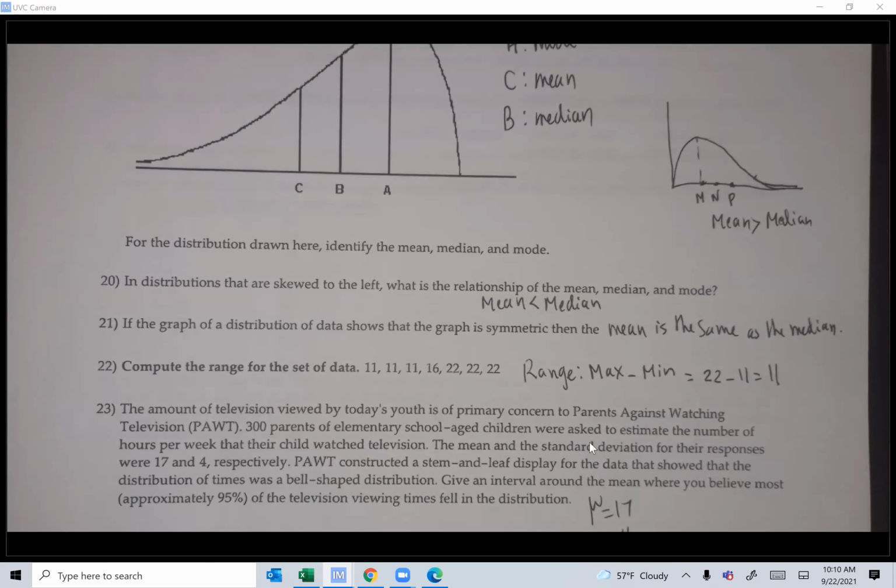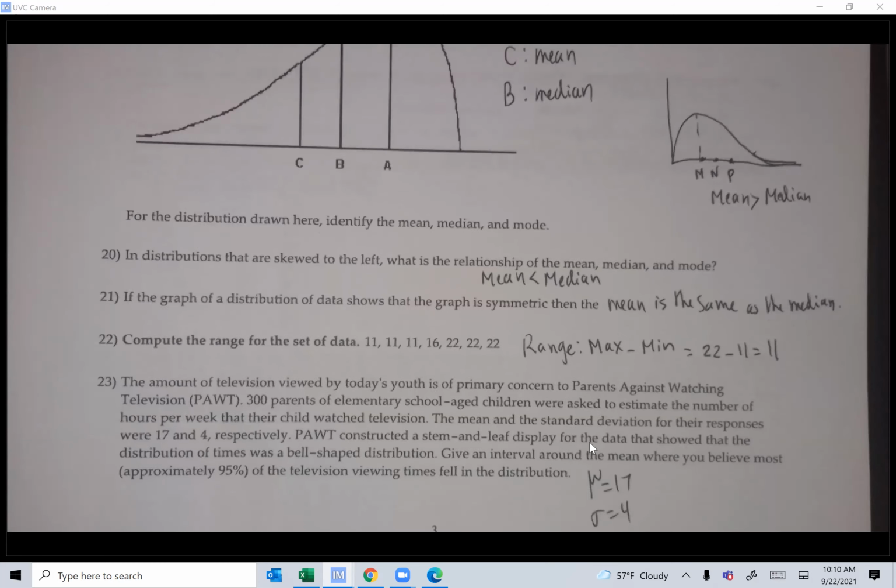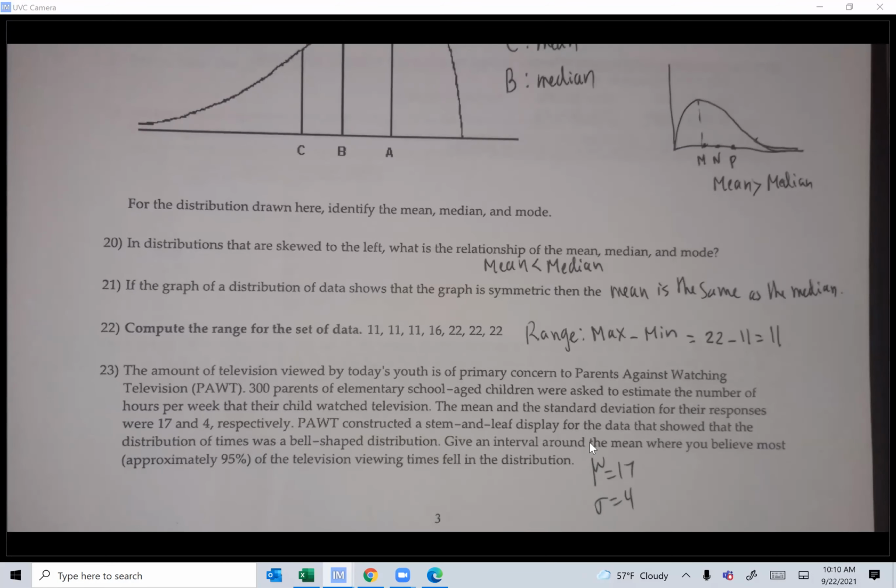Parents against watching TV constructed a stem and leaf plot display for the data that showed that the distribution was bell-shaped. Give an interval around the mean where you believe 95% of the television viewing times fell in the distribution. This is the empirical rule, guys.